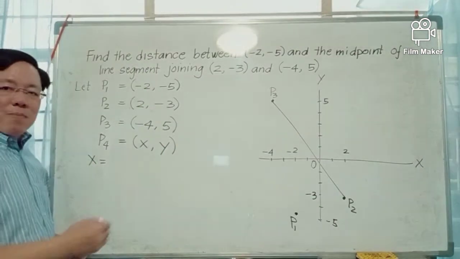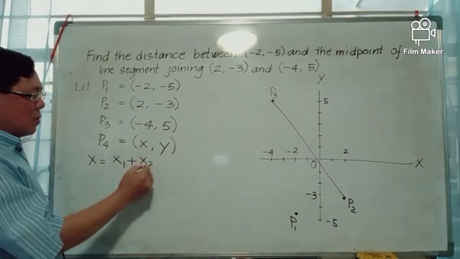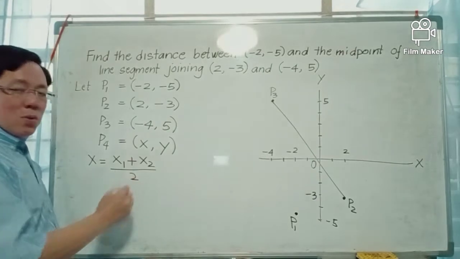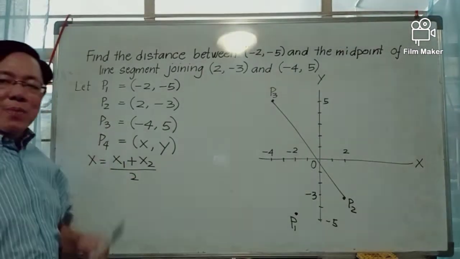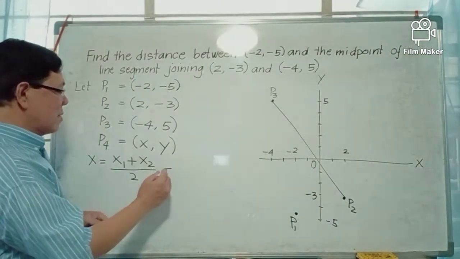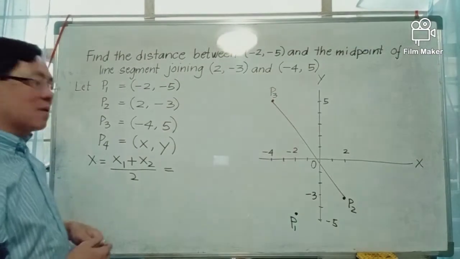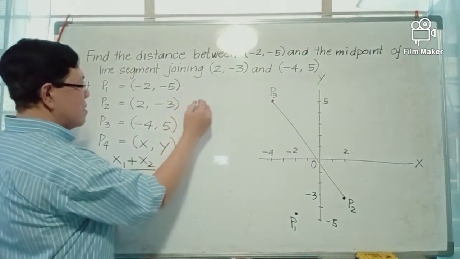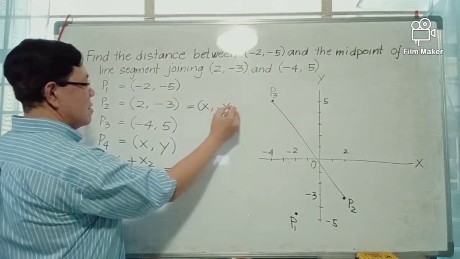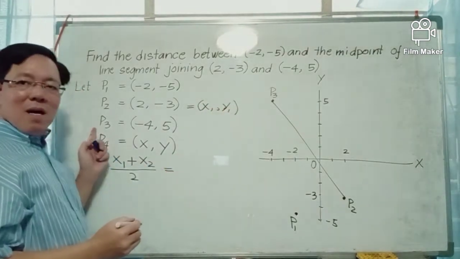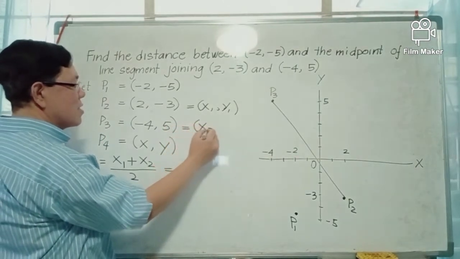Hence, the abscissa x of the midpoint is equal to (x1 + x2)/2, where x1 and x2 are the abscissas of the endpoints of the line segment. We take P2 as the first point with coordinates (x1, y1). We take P3 as the second endpoint with coordinates (x2, y2).